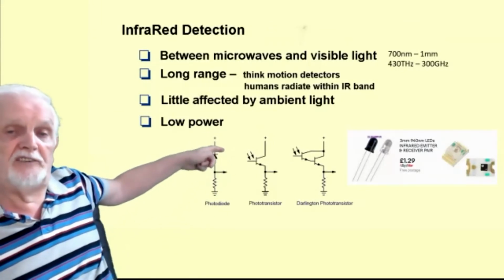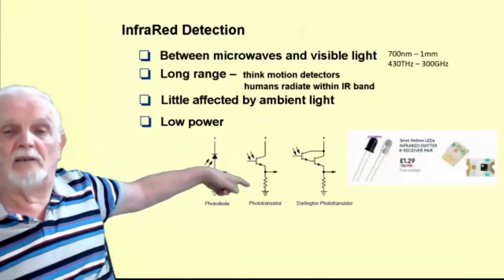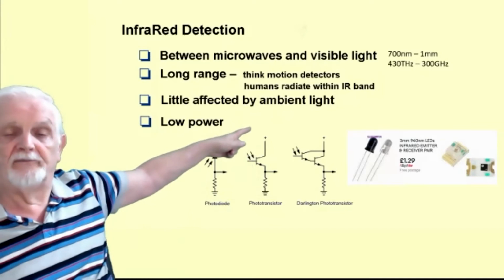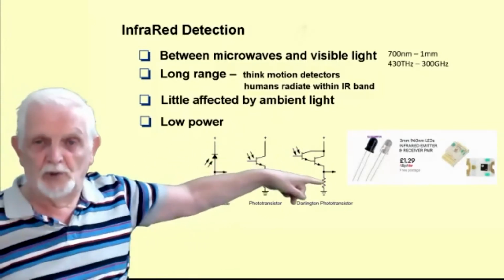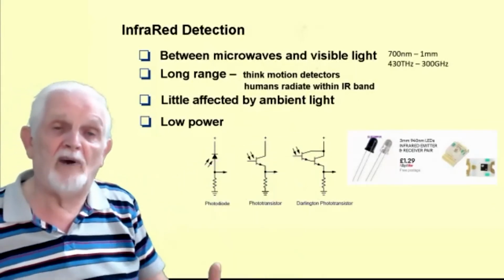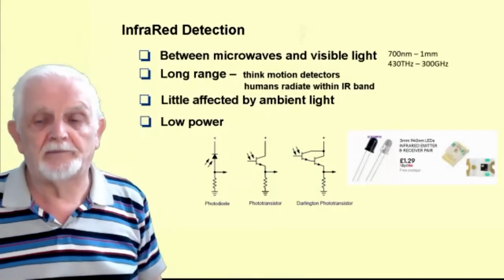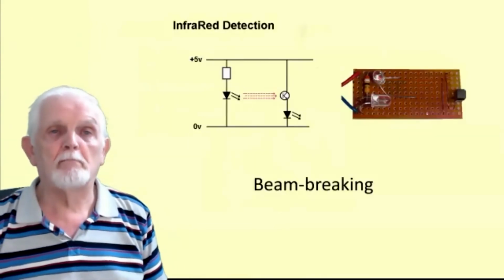The phototransistor is the same idea, except you've got a gain. So you get a bigger swing coming out here. And a Darlington version has got 2 transistors, so the gain is even greater still. And you can buy them in these different types. And we use them a lot.